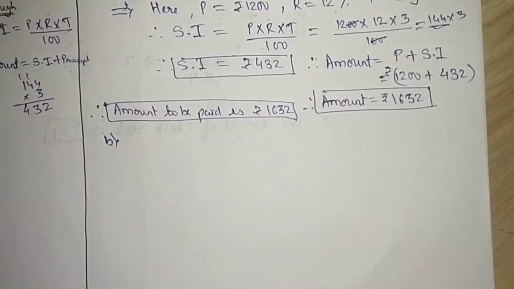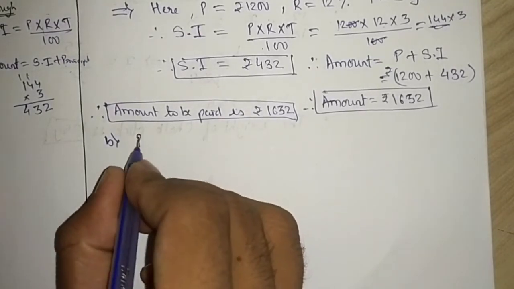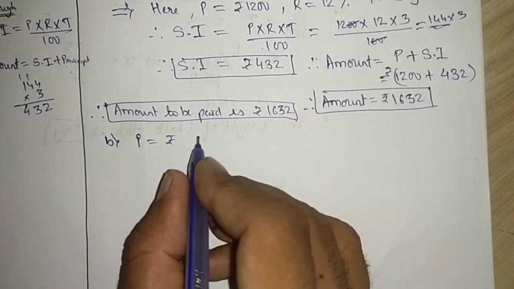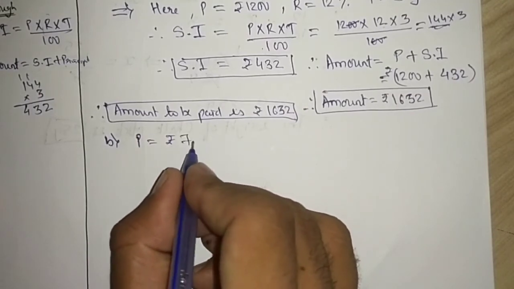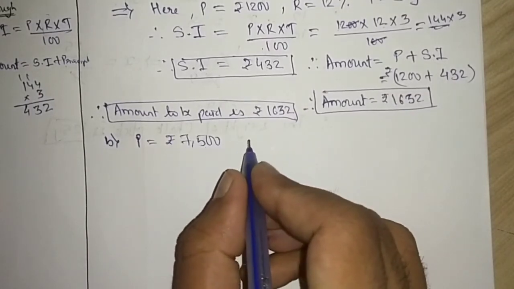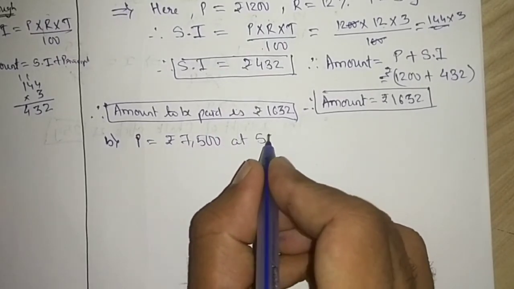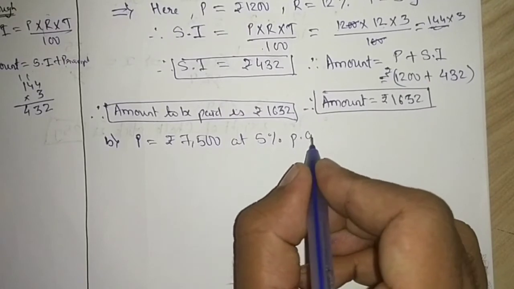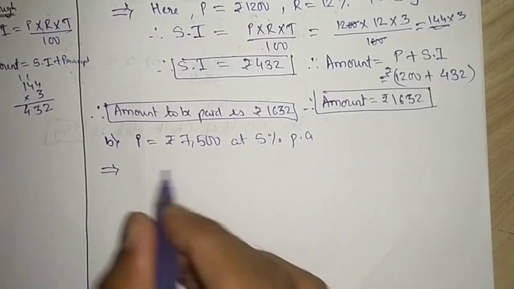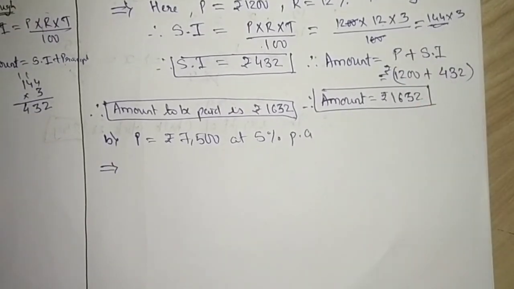Part B is having principal equal to rupees 7500 and rate of interest at 5% per annum. So again we will start like this only, the one which we have solved.